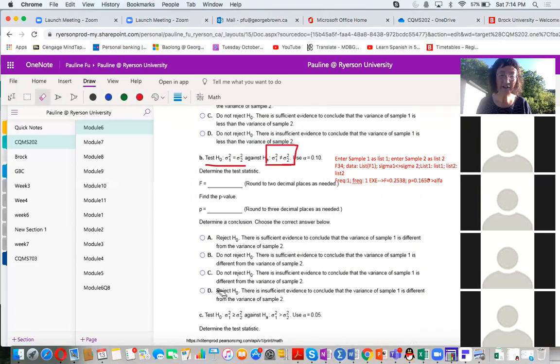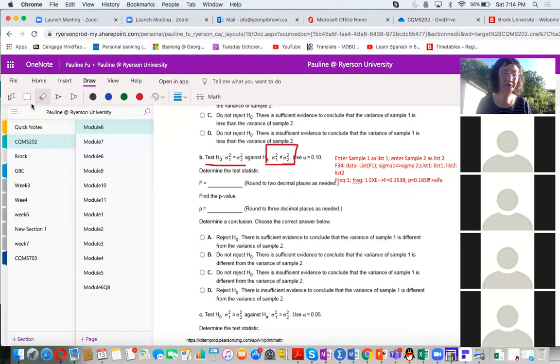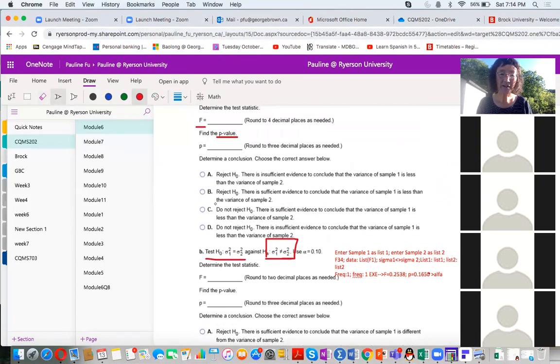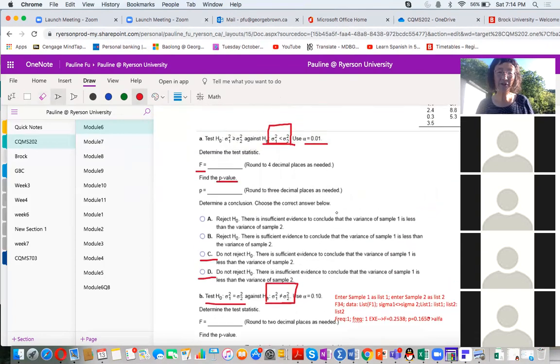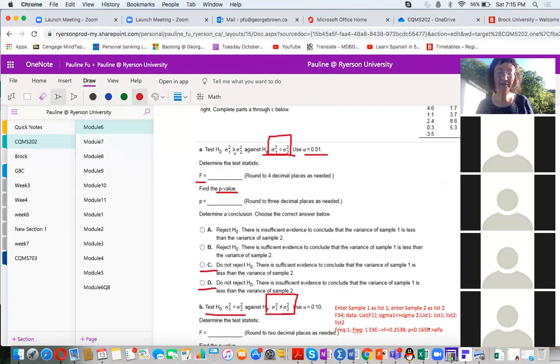And then C and D, I have to select one. Hold on, not B, here. Between C and D, I have to choose one because they both say do not reject H0. Do not reject H0 means H0 is correct.